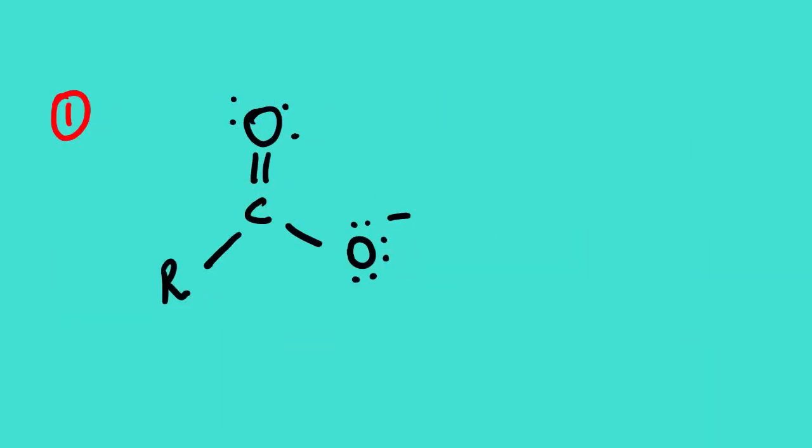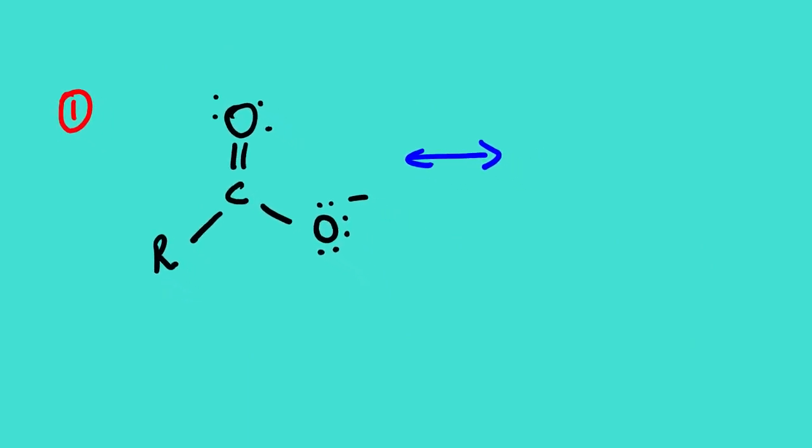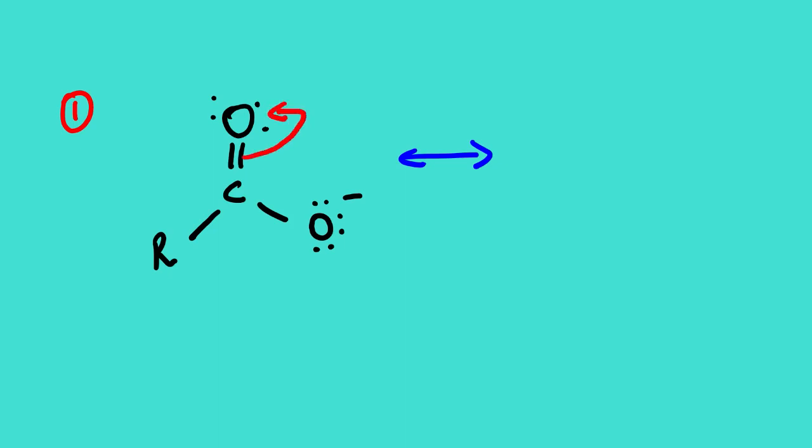Our first example, let us determine the resonance structure for this. By the way, this arrow represents the resonance structures. Now what will happen, this double bond will move to this oxygen, then you're going to have something like this.